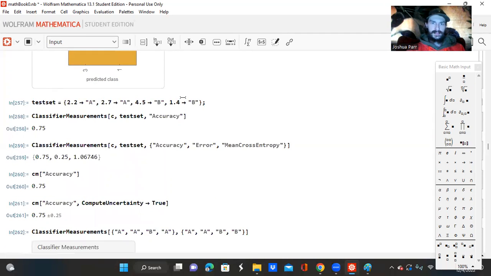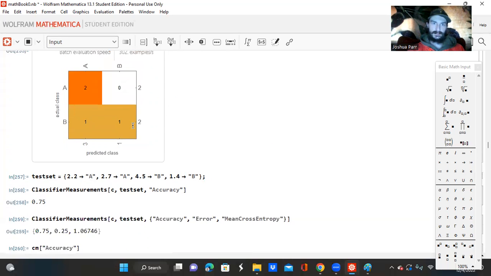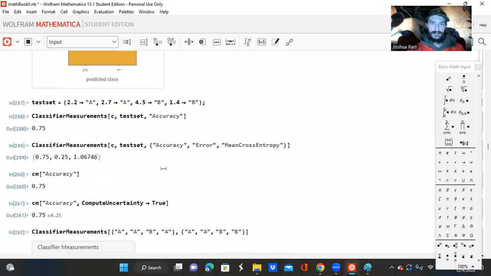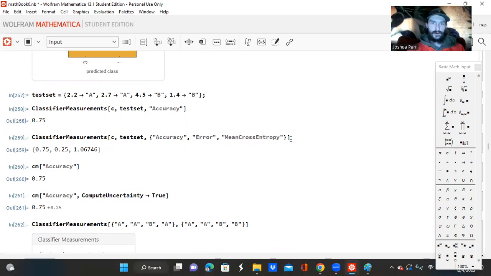And now I'm creating another test set and classifying the measurement of test set C, and I'm asking for its accuracy. And again, it stated it already there, but I'd ask again to show you that you can. And then I'm asking for error, the accuracy, the error, and the mean cross entropy.